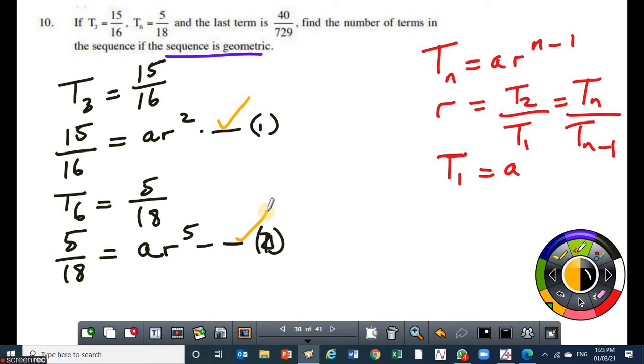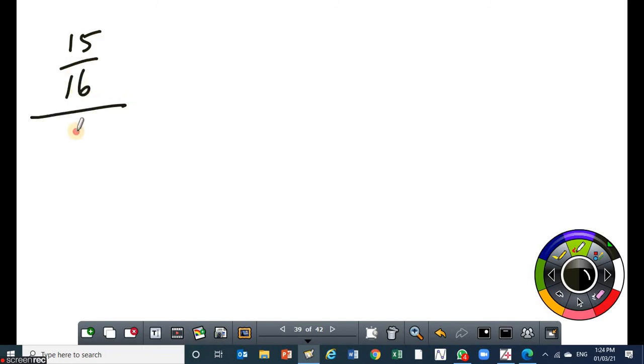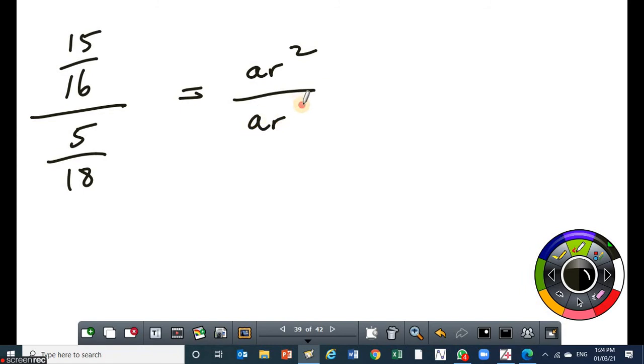So let's move on to the next page. So it will be 15 over 16 all over 5 over 18. Now, your knowledge of fractions is extremely important, and you are taught fractions in the lower grades. So this is going to become equal to AR squared over AR to the power of 5.